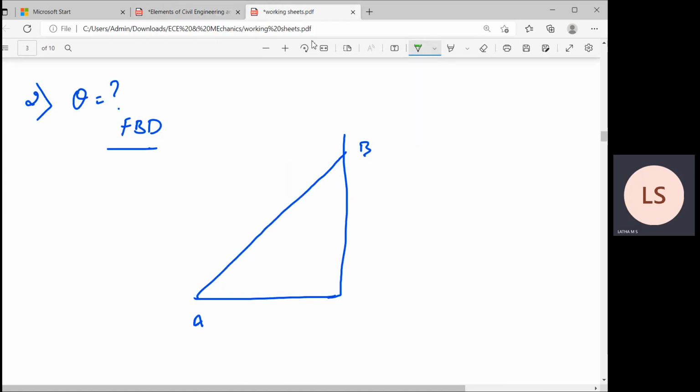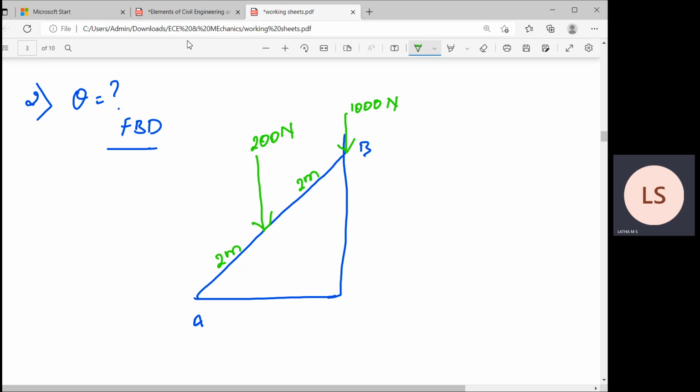A man is standing at point B with a load of 1000 Newton, and one more person of 200 is standing at the center, 2 meters from point A and 2 meters from point B.